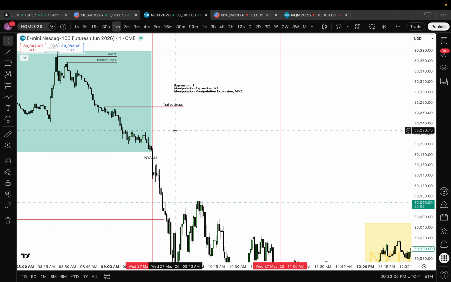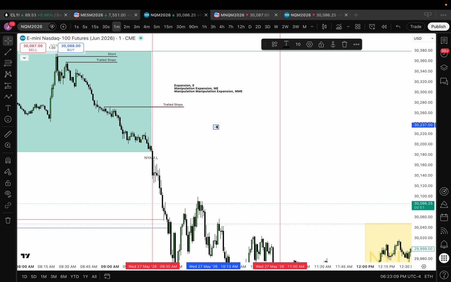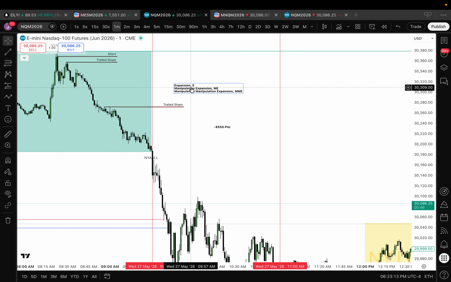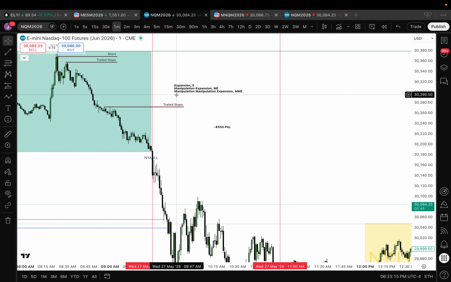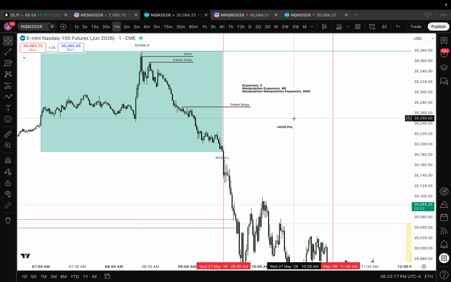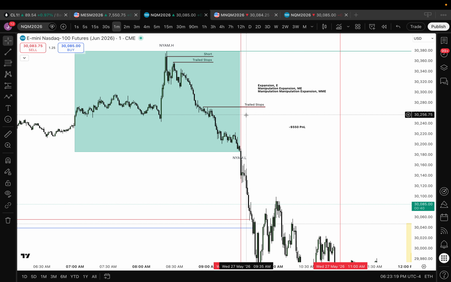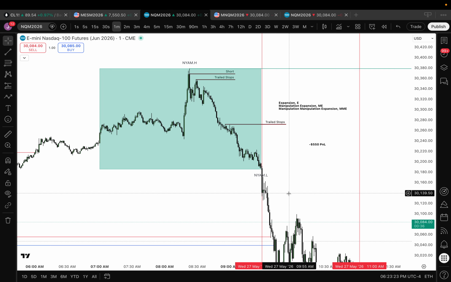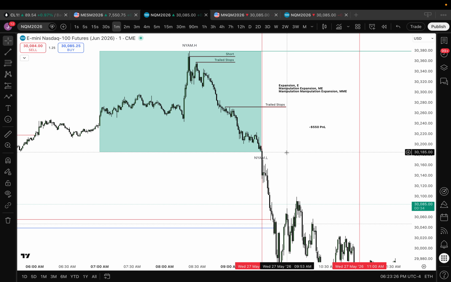I lost about $550 P&L. Were it manipulation, expansion, or manipulation, manipulation, expansion, I would have been able to get more secured profits off of this. So instead I've had to adjust my model.